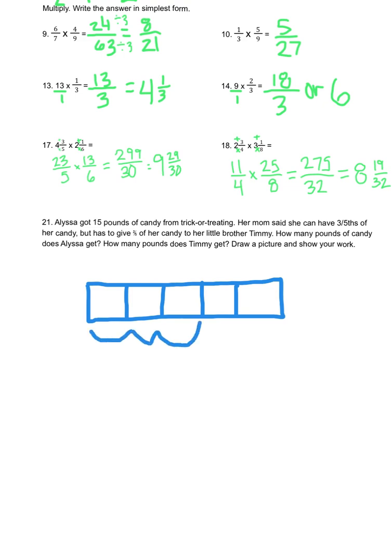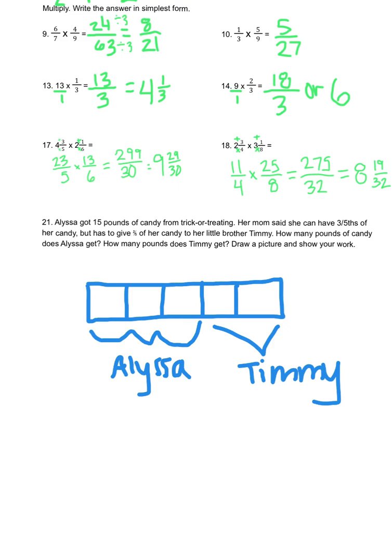So this is all for Alyssa. She's going to have more cavities than her brother. This is for her brother, Timmy. He gets 2. And then all together, this is 15 pounds of candy.